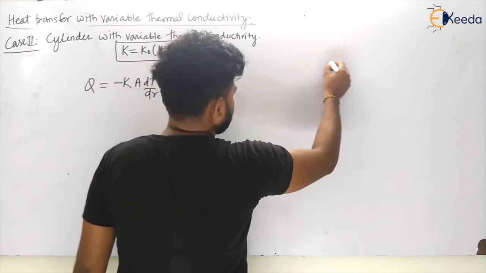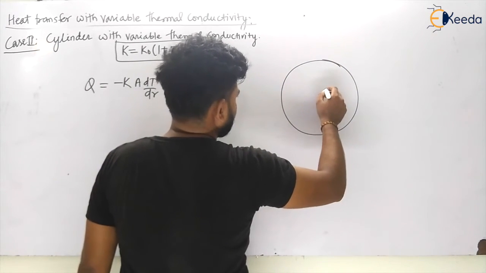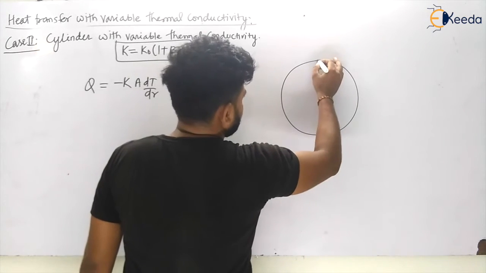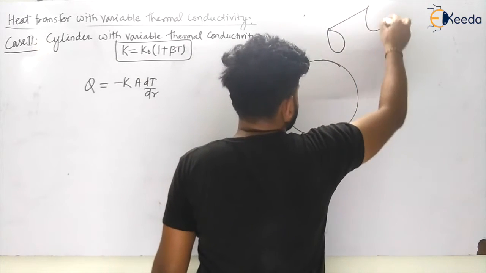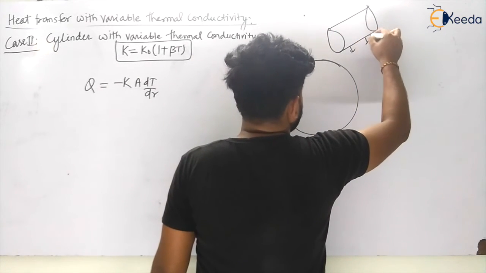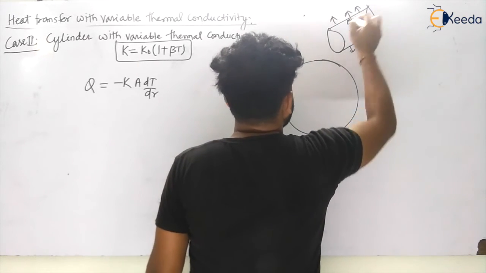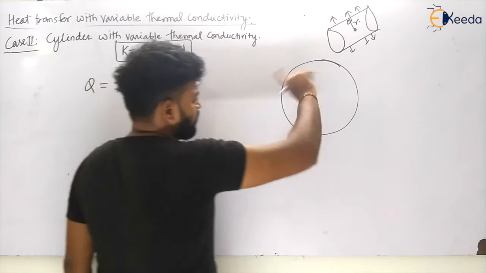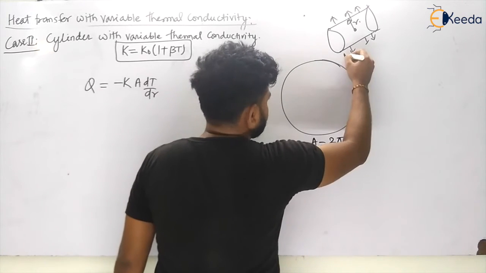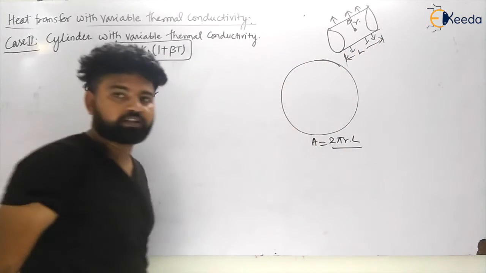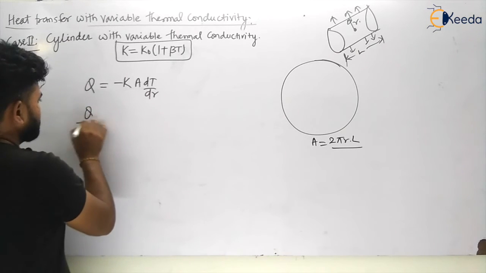If you consider a cylinder, there will be the curved surface area like this, from where heat transfer is occurring. I have already told you. Let us say at a distance r from the center, what will be the outside area? This will be 2 pi r multiplied by L, that is the curved surface area in this case. Now let us move fast and do it quickly. So this will become Q.